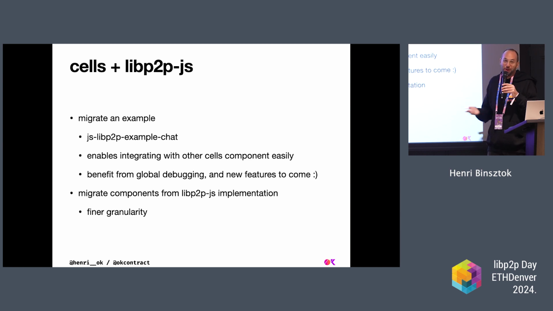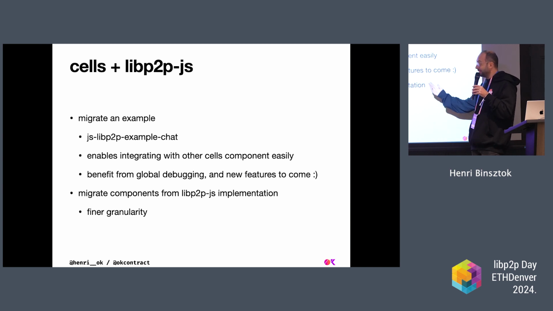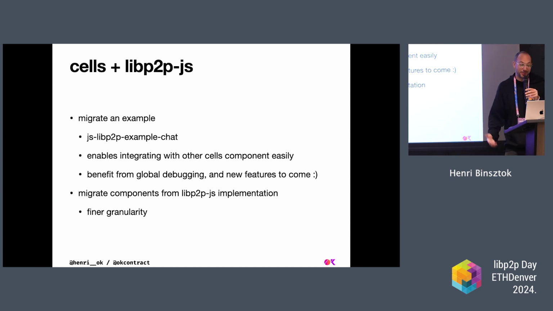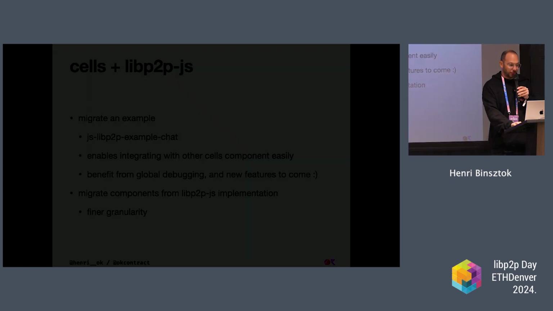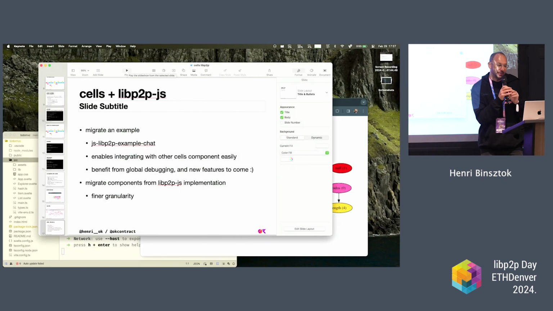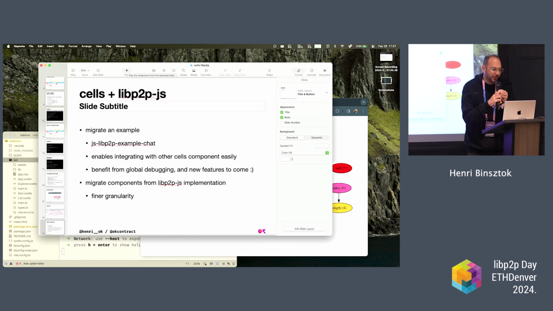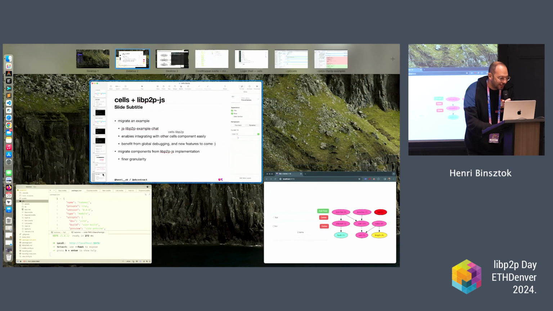Who knows? Probably it optimizes the runtime of it in a real app. Maybe right now libp2p.js recomputes too many things. Who knows? Okay, so that was it.